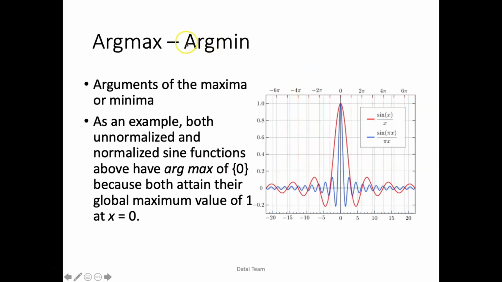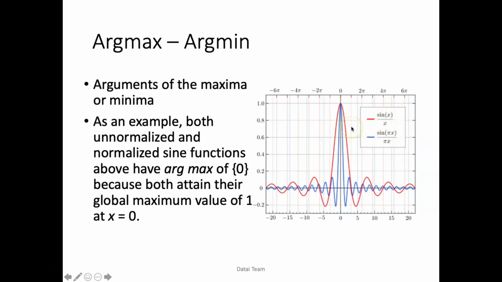We also have argmax and argmin. This is similar to the minima and the maxima that we did earlier. Argument is the input that the function takes. For example, we have the red line here, that's sine of x, and let's say that f of x or y is equal to sine of x over x.